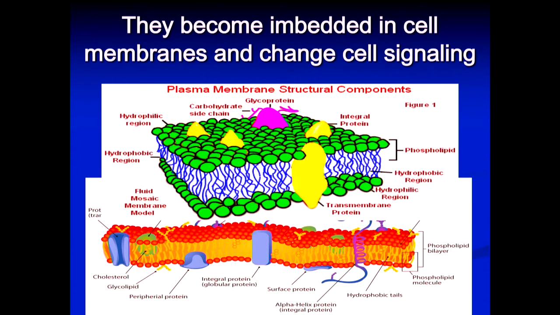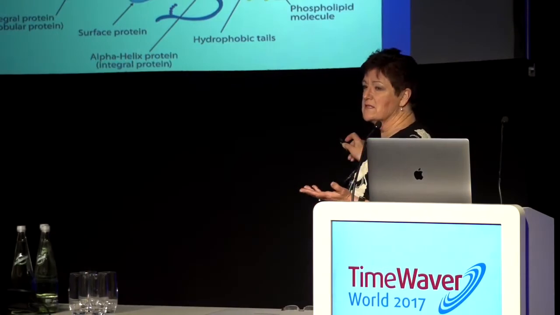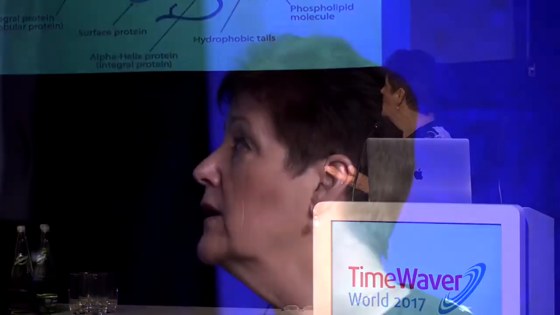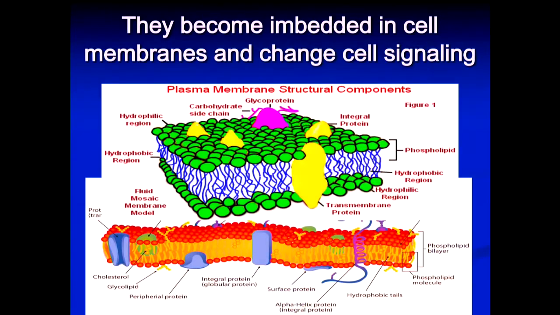This is what your cell looks like. There are proteins that go through the cell, and you are exposed to, let's say, our favorite in the US, which is Roundup. It's everywhere. I think it's illegal here, thank God. But anyway, so you have an organic chemical that gets embedded in this lipid membrane, right?